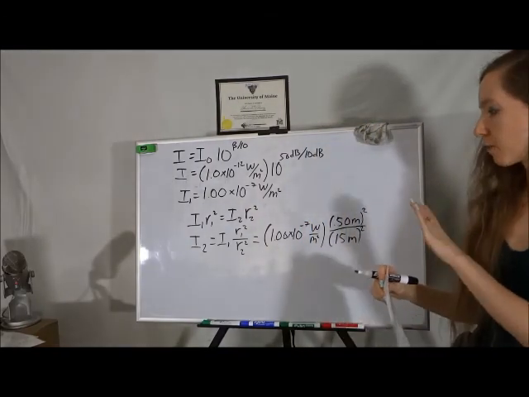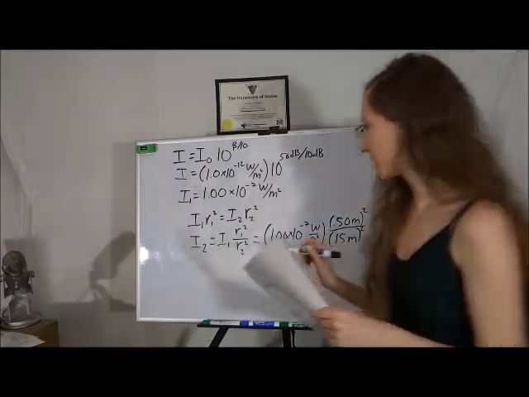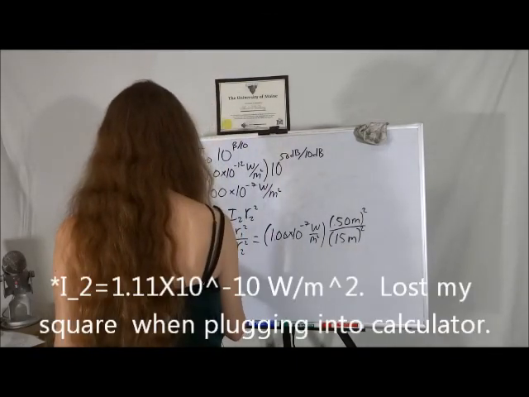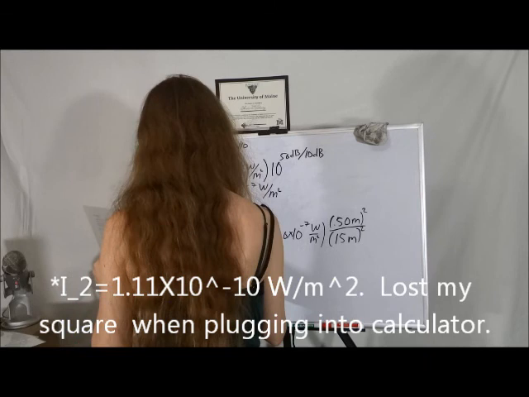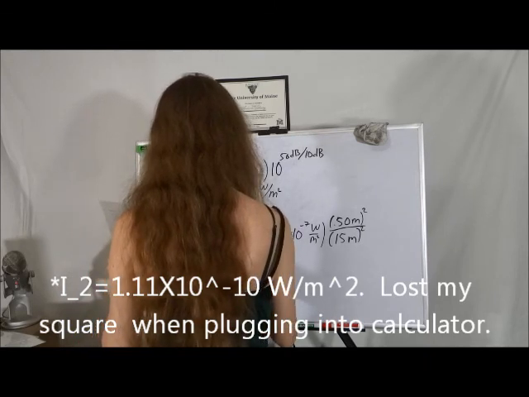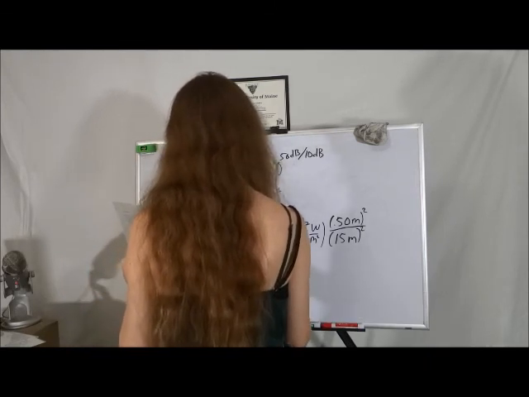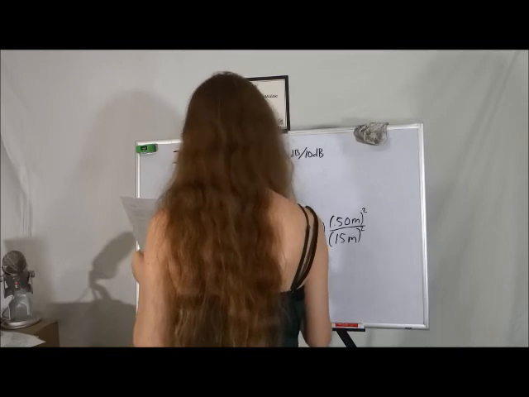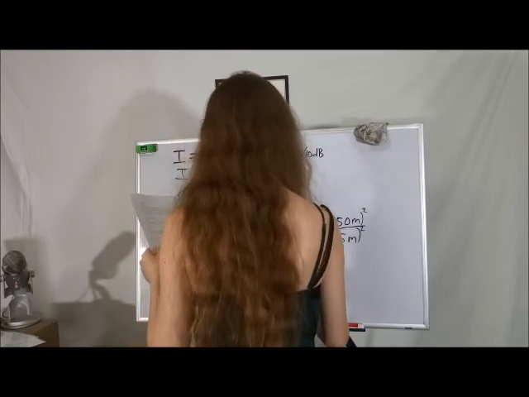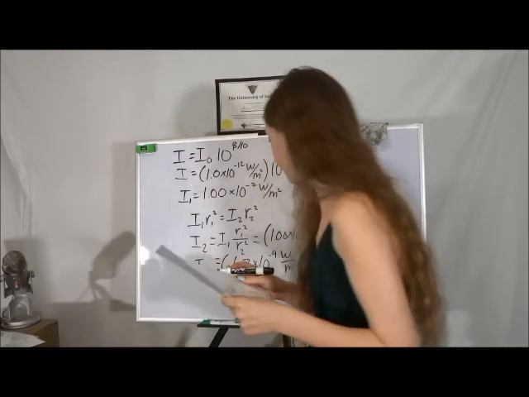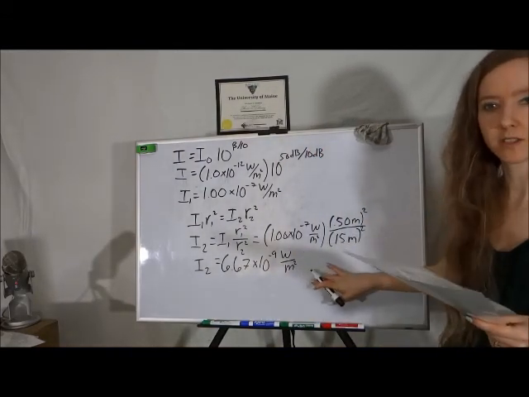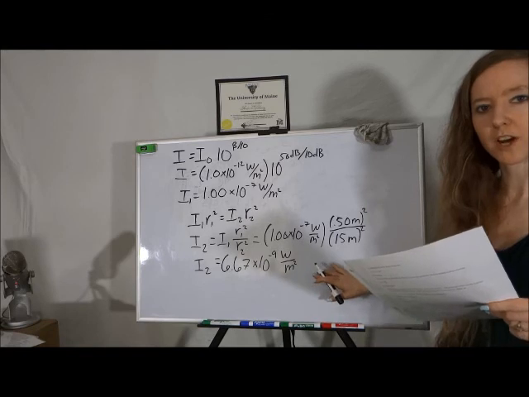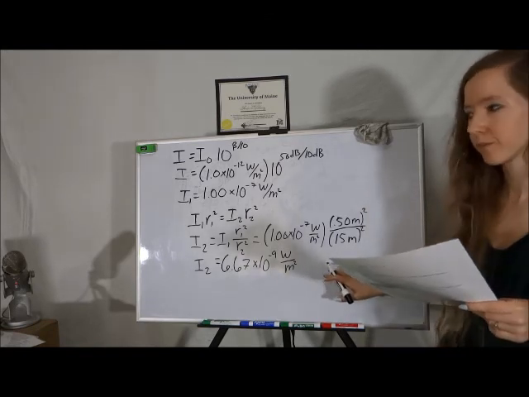We plug this number into our calculator, and so we get that I2 is equal to 6.67 times 10 to the minus 9 watts per meter squared. So that's our new intensity at our new distance. So are there any questions to this point?